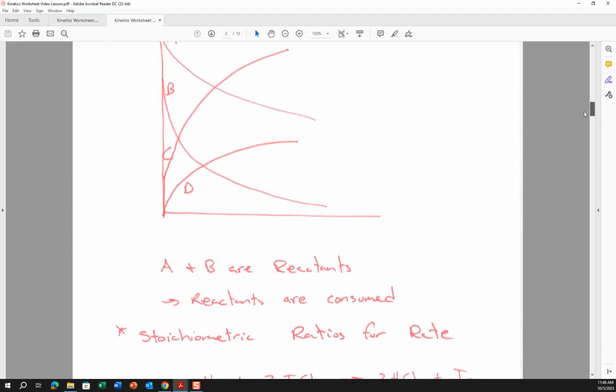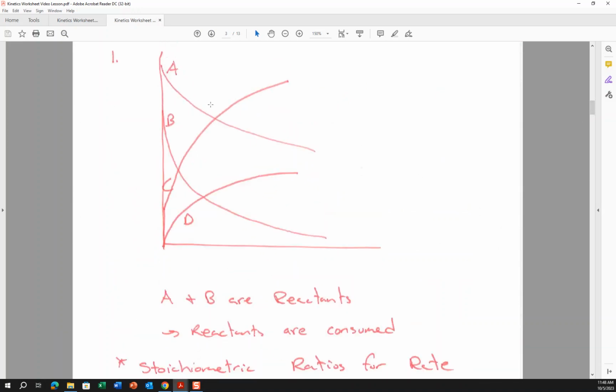The first thing we should know is that the curves for A and B represent reactants. If you think about it, at time 0, you only have reactants and you don't have any products. The reactants have to react to form the products. At the initial time, you start with a lot of reactants, and as you approach equilibrium, you lose reactant.